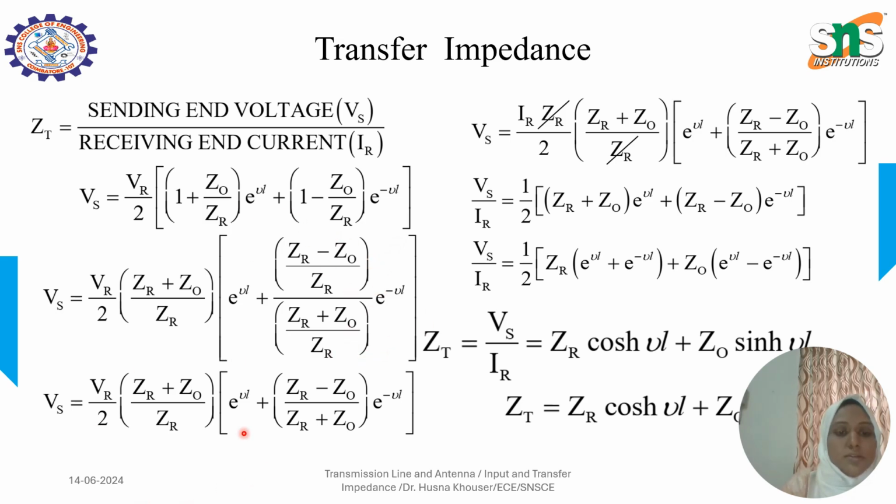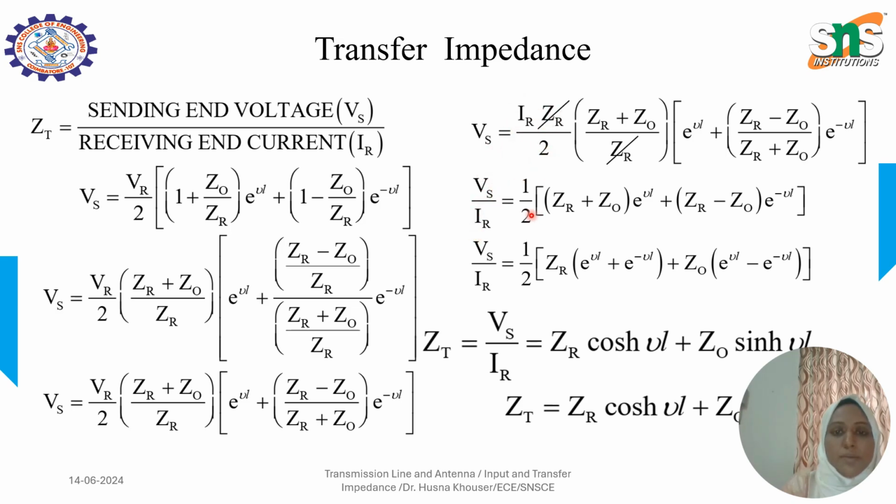So we get e power gamma L plus Zr minus Z naught divided by Zr plus Z naught. So now we know this Vr is equal to IR into Zr. So this Vs is equal to IR Zr by 2 and Zr plus Z naught by Zr into e power of this term. So this Zr will get cancelled.